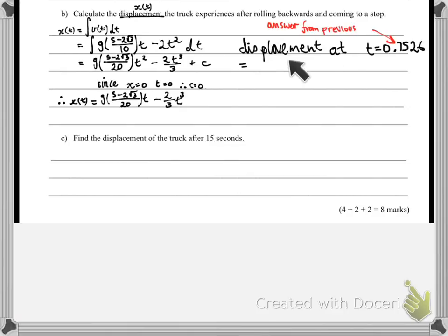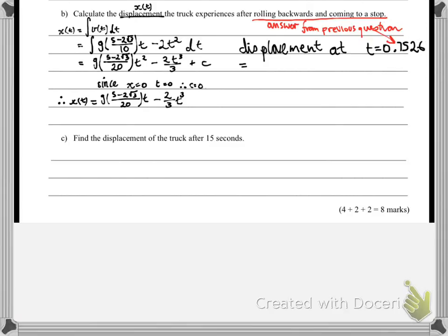Okay, once you get your position function, let's work out the displacement. So displacement is when we got this time. Now approximately it was 0.8, that's the answer we wrote down. But when you're going to use the answer from a previous question, 0.8, in calculations, don't just use 0.8, because that's only accurate to one decimal place. You need to use the value in a more precise way, either as an exact value or with more decimal places.